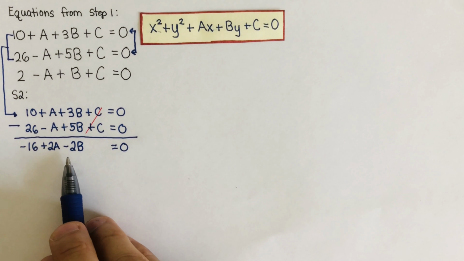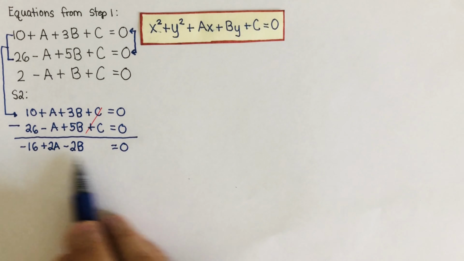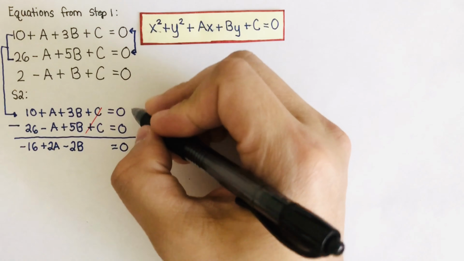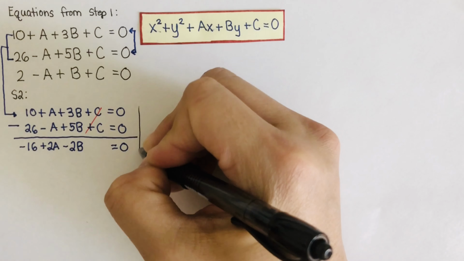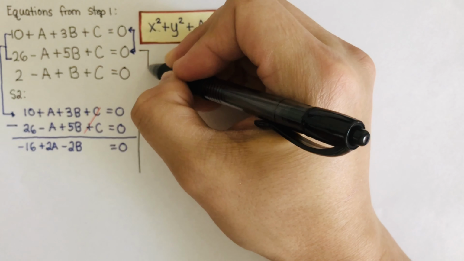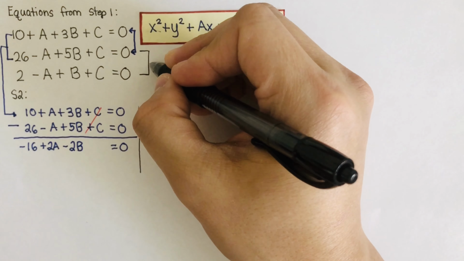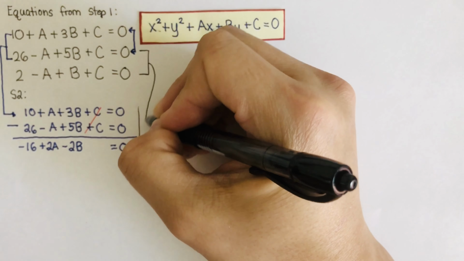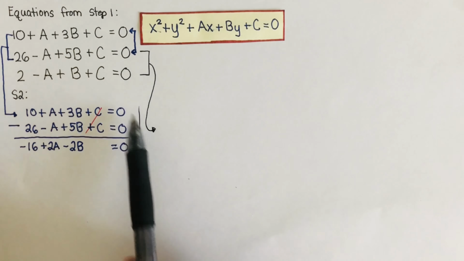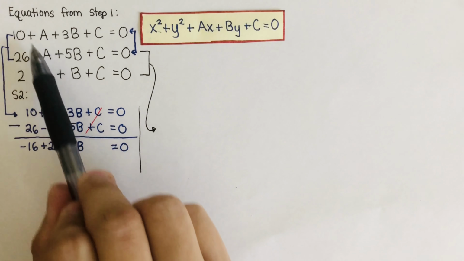Now we are going to keep this for now, and we're going to use the second and the third equations. I will still subtract them. I'm going to show the work up here. What we did before, I was using blue, so I subtracted the first two.